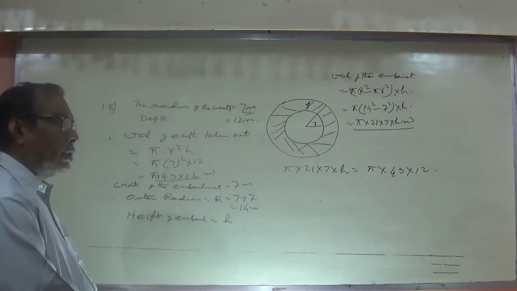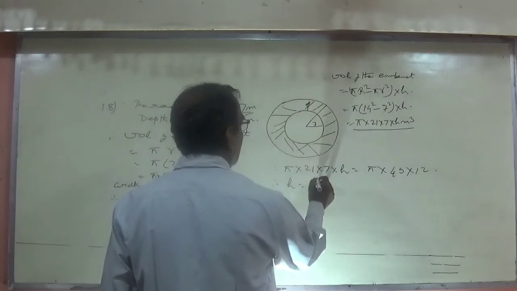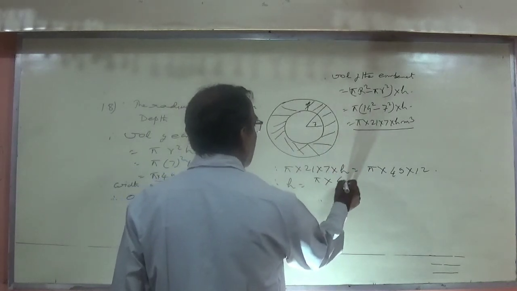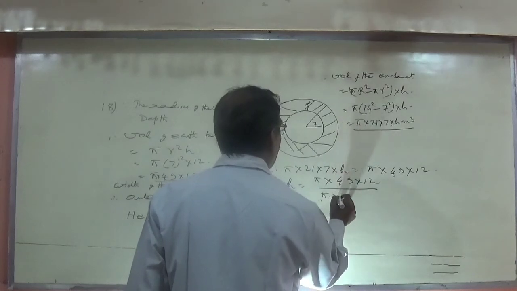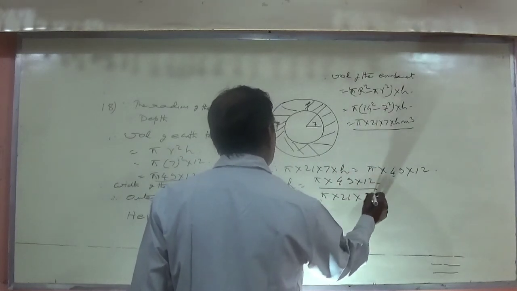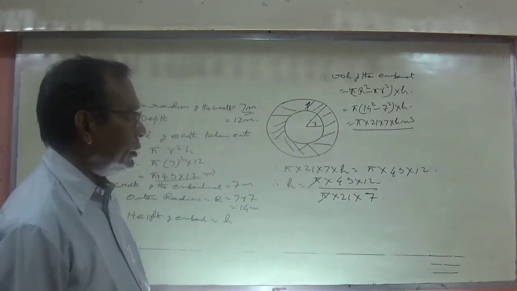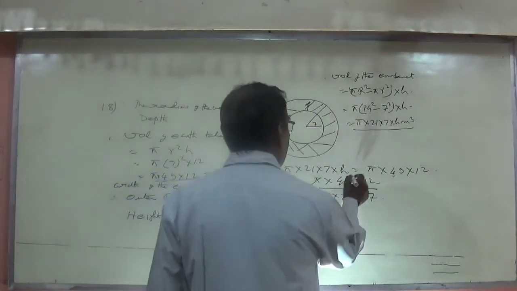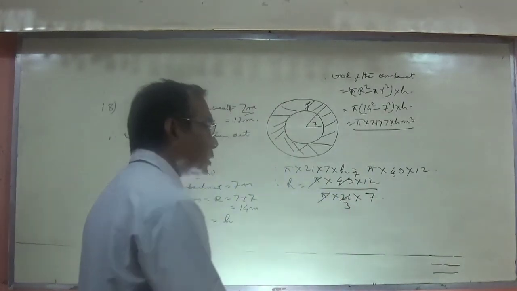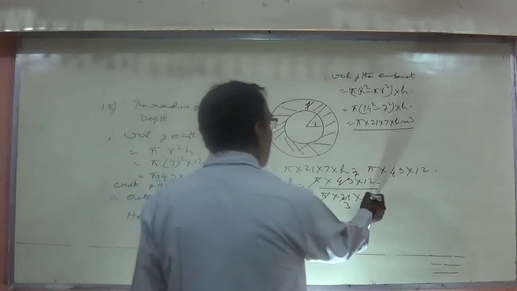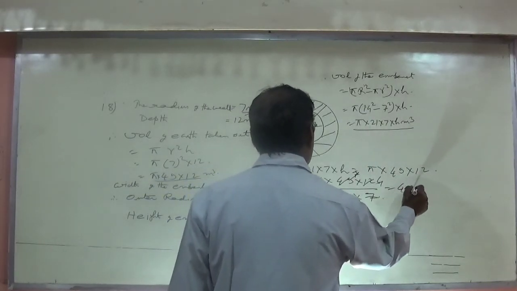Equation has been framed. Now from here you have to find the value of h. h is equal to pi into 49 into 12 divided by pi into 21 into 7. Pi will be cancelled. 7 7s are 49, 7 3s are 21. And obviously this 7 also will cancel, 3 4s are 12, which is equal to 4 meter.